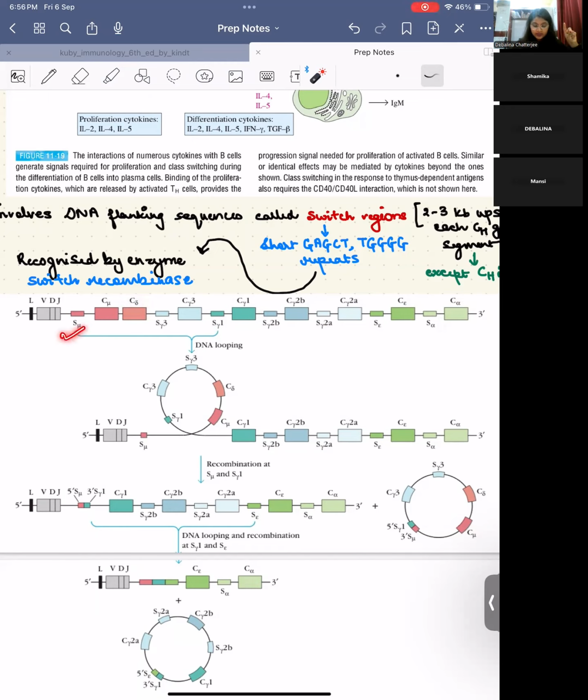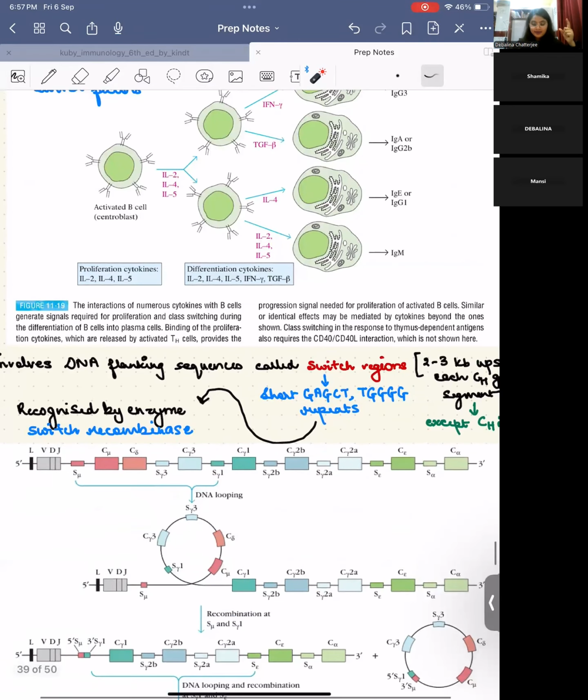So there is the switch region upstream of C mu and C delta, followed by a switch region corresponding to the IgG3 type. IgG also has subtypes that we talked about. The likelihood of this switch region joining with any of the other switch regions is equally possible.